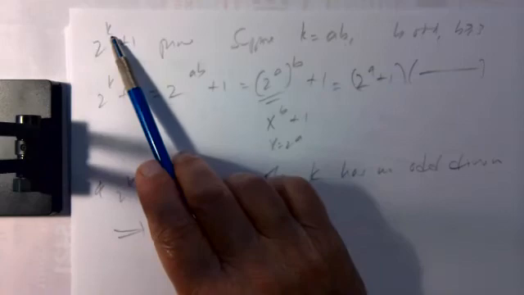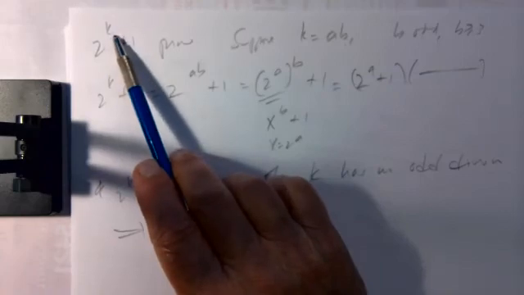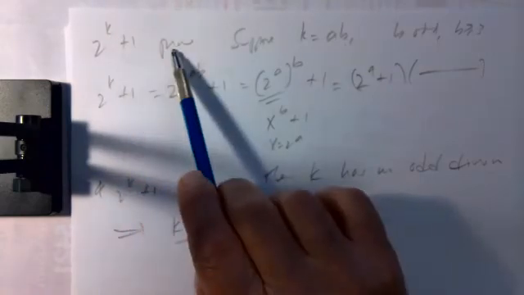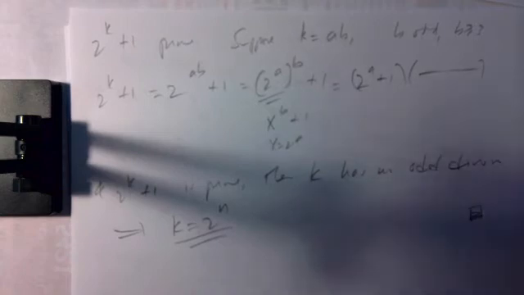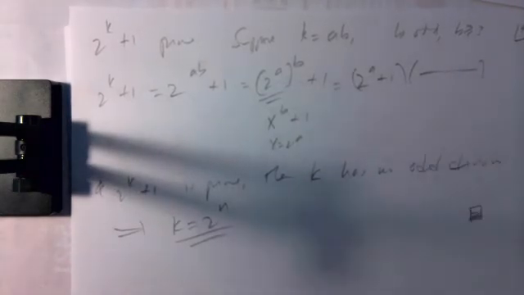If k had an odd factor, divisible by an odd number greater than 1, this would be composite. And the only number that has no odd factor is a power of 2. That's the proof.